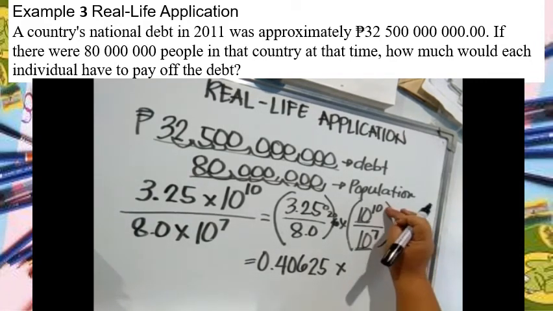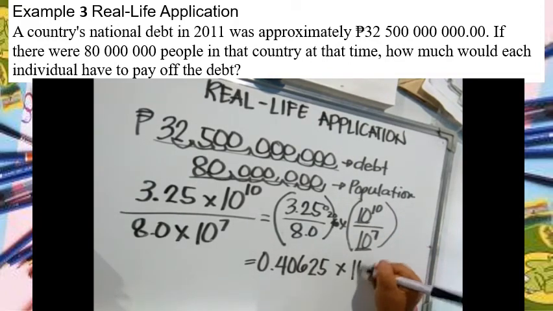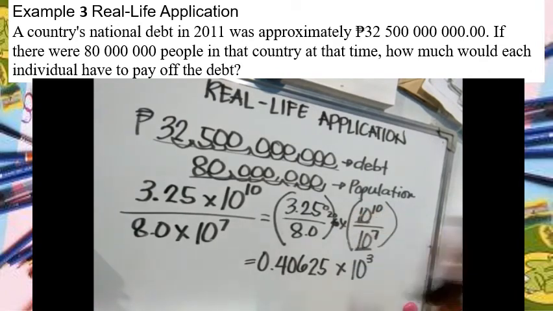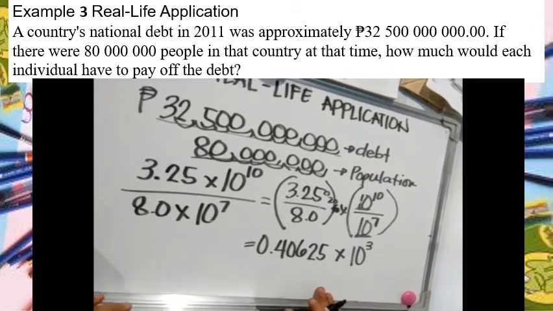So, therefore, 10 minus 7 is equal to 3. So, copy the base, and then, ang iyang exponent kay 3. Nganong 3? I-subtract ra nimo ang ilahang exponent, kay same man sila og base. Okay? Nakasabot?